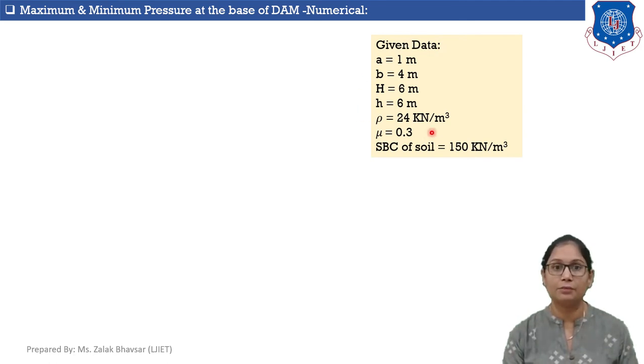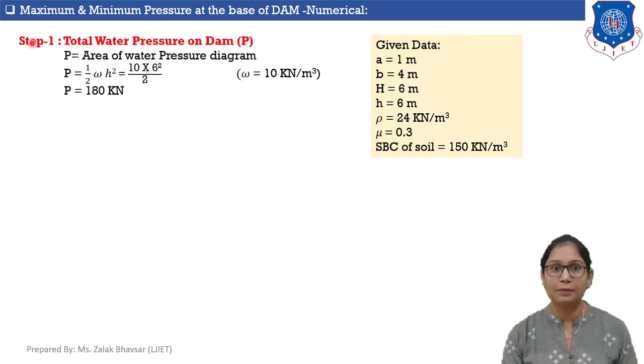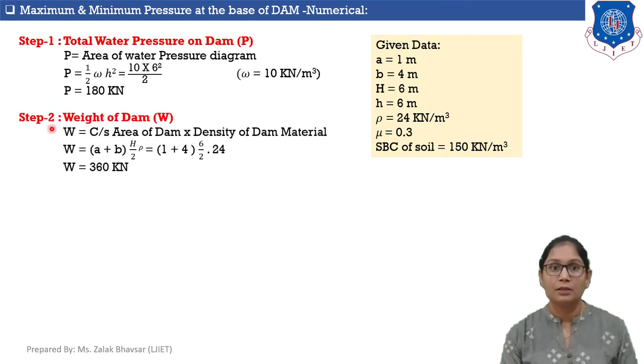Now let's start with step number 1. In step number 1, we will calculate the total water pressure on the dam, which is equal to 1/2 w H square. Here w is equal to 10, H is 6 meter, so H square is 6 raised to 2, divided by 2. So I am getting P, total water pressure, equal to 180 kilonewton. Now step number 2.